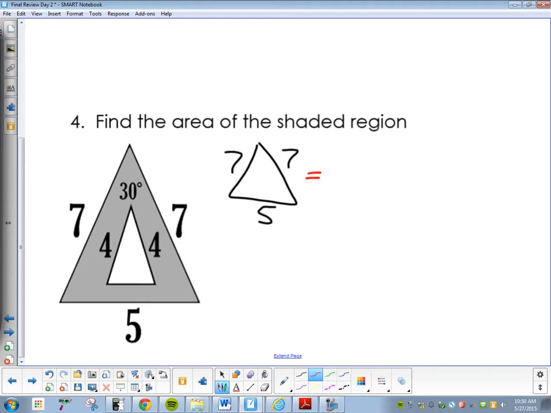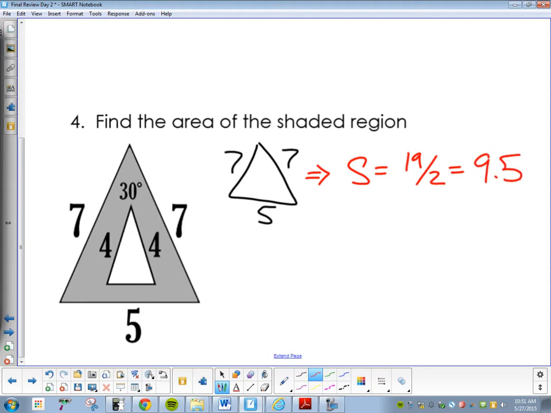So in order to do Heron's formula, the first thing I've got to figure out is S. It's been a while, but to do Heron's formula, I've got to find S first. It says S is equal to 1/2 (A plus B plus C). Remember, S stood for semi-perimeter. Add them all up and divide by 2. So 7 plus 7 is 14, plus 5 is 19, divided by 2, or 9.5.